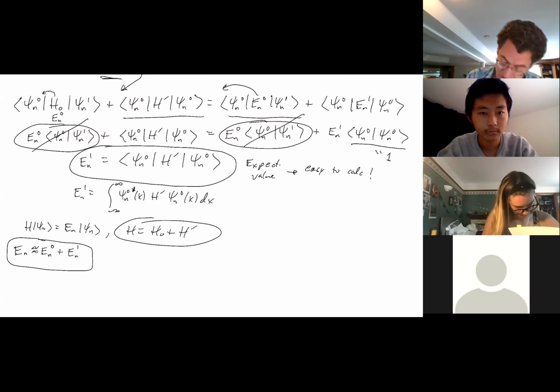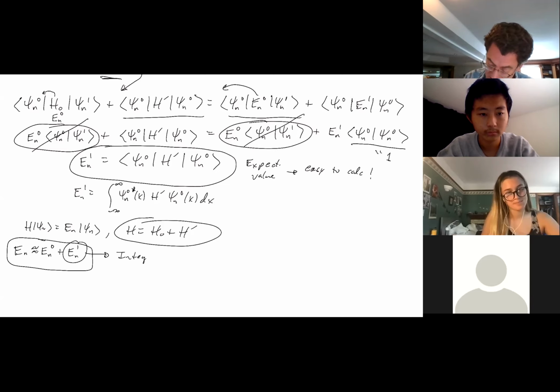And I've got to put wigglies there. It's approximate, but I hope you can see the power of that. It's super simple, and this is just an integral that I know how to do. It's an easy integral because I just take the unperturbed states and find the expectation of the perturbation using the unperturbed state.